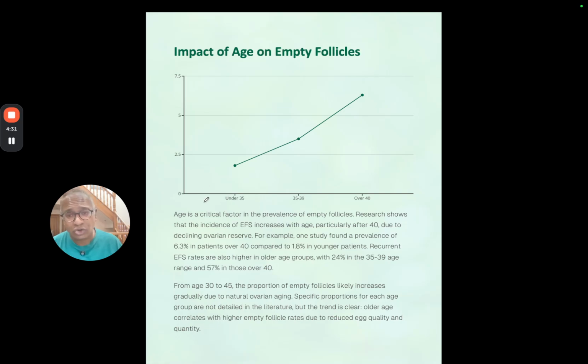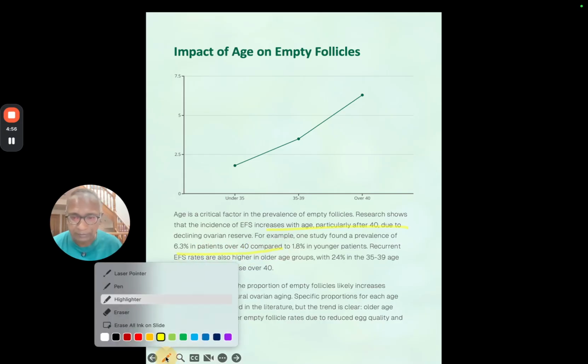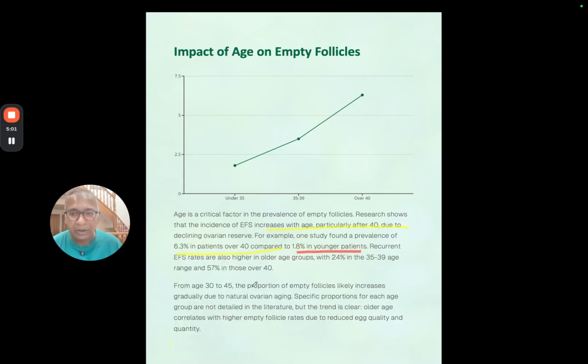Now, age continues to be a critical factor, and its impact is quite huge. Research shows that the incidence of empty follicle syndrome increases with age, particularly after 40 years of age. One study found that it was 6.3% in women over 40 compared to 1.8% in younger women.